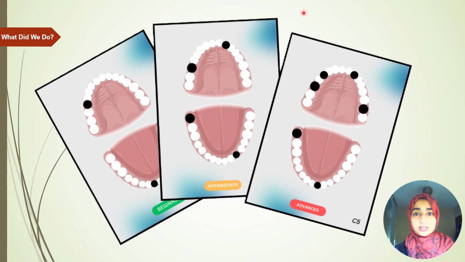We then created a set of 60 cards with 20 cards for each difficulty level: beginner, intermediate, and advanced. So the beginner required 2 teeth to be identified and placed, and the intermediate required 4, and the advanced required 6 teeth to be placed within the same 5-minute time limit.